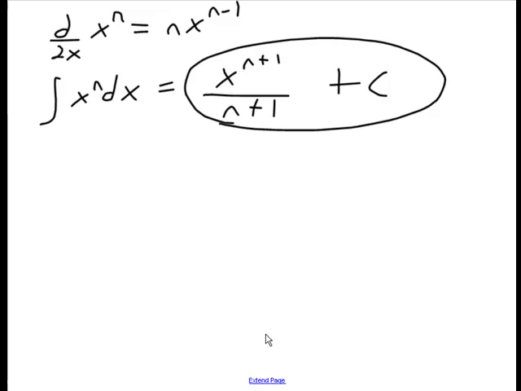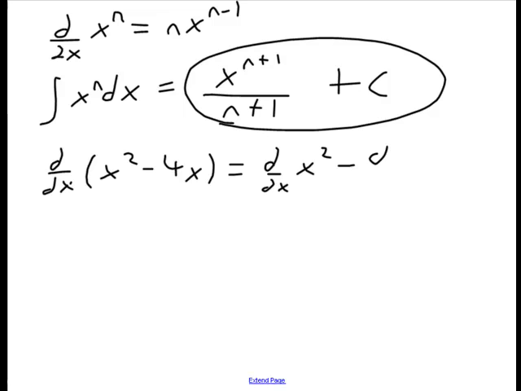And just like with derivatives, where we could split a sum or difference, if we had the derivative with respect to x of x squared minus 4x, we could write that as the derivative with respect to x of x squared minus the derivative with respect to x of 4x. We can do the same thing with integrals.